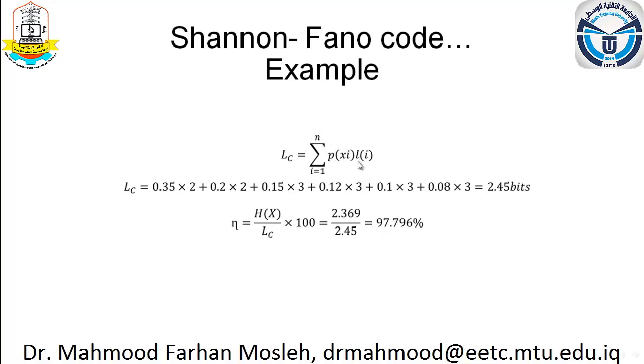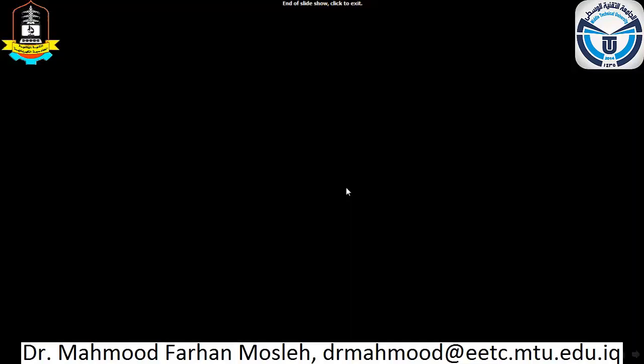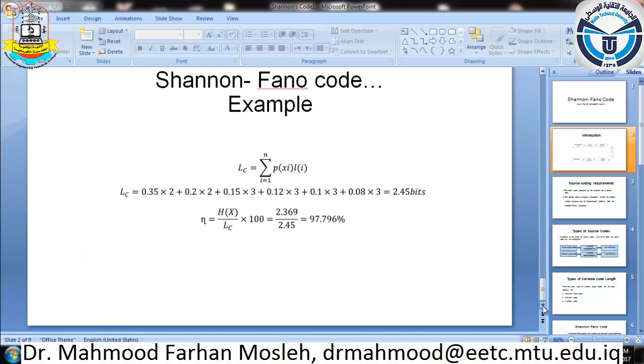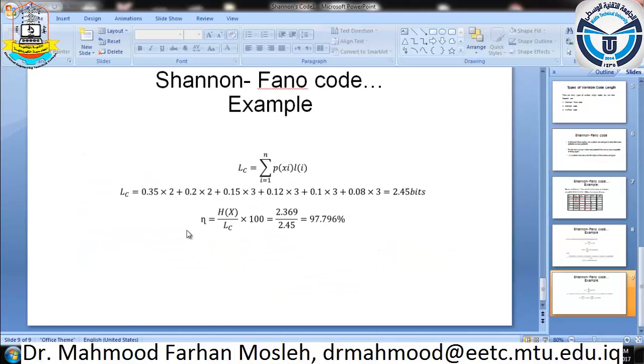The probability is multiplied by its length and added to the next probability multiplied by its length, and so on, so we get the final value of L_C, which is 2.45.